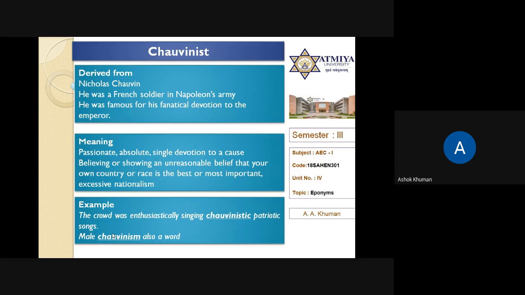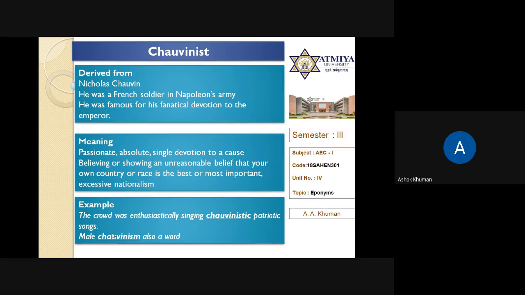For example, in France, what has been happening, 3 people were killed inside the church by a fanatic. So fanatic means extreme belief in your religion, that whosoever speaks against your God or your religion, you will not hesitate to kill them. That is fanatic.